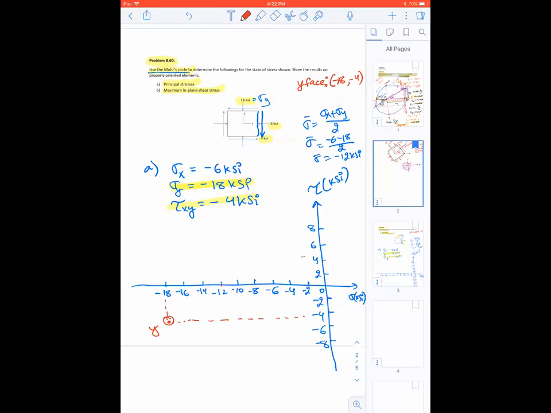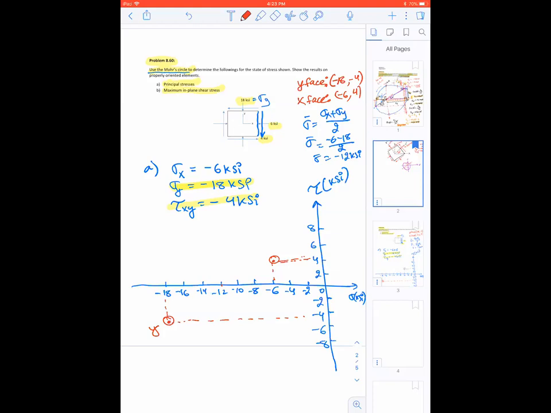I'm going to draw my X face now. X face coordinate is going to be minus 6. Now the shear stress sign will be flipped. It is actually negative, but for your X face it is going to be positive. So I have minus 6 and plus 4. Something like this.